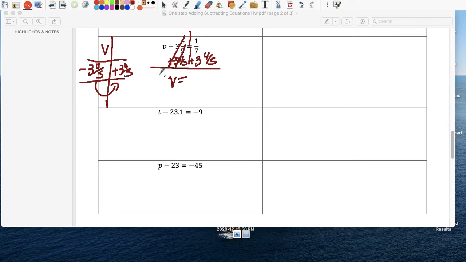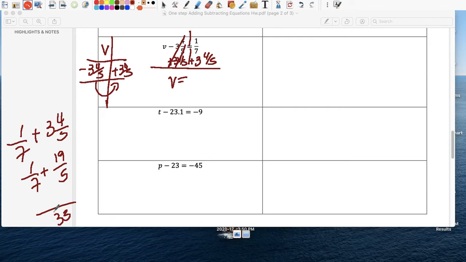V comes down. So what is 1/7 plus 3 4/5? So 1/7 plus 19 over 5. You get 35. It gives me 138 over 35. And I'm going to leave it like that and hope that I'm right.